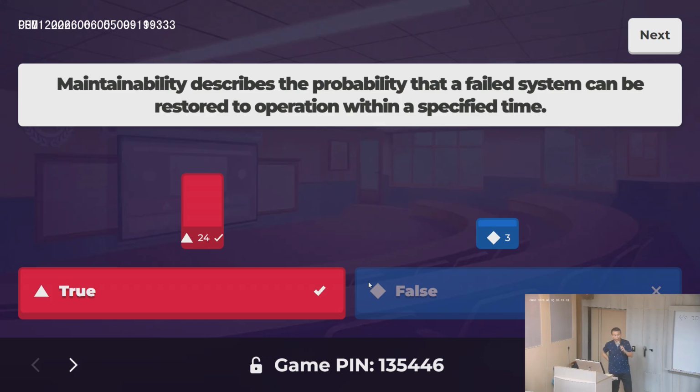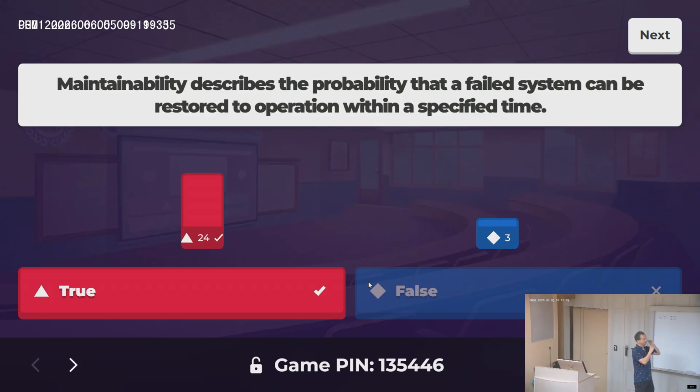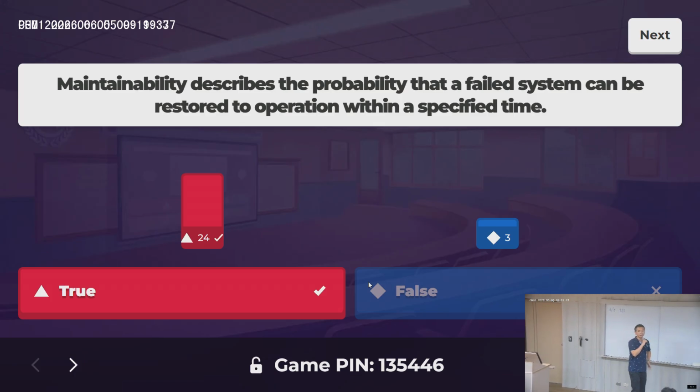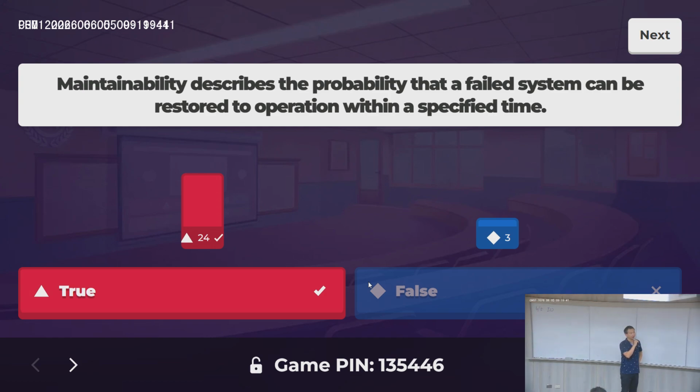Okay, so very good. The first key concept in our last week is maintainability. Please check if you know maintainability and still remember there are several factors that can affect it. For example, it is quite related to the time you take to locate the reason of the error and then repair it.